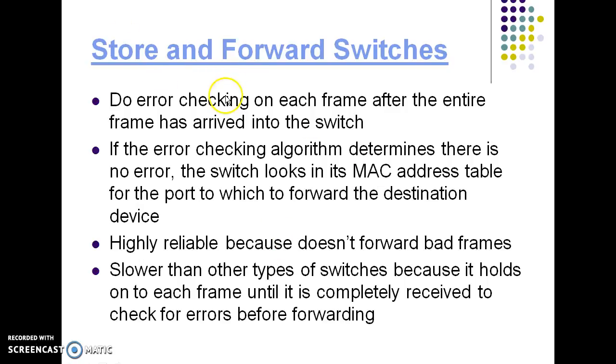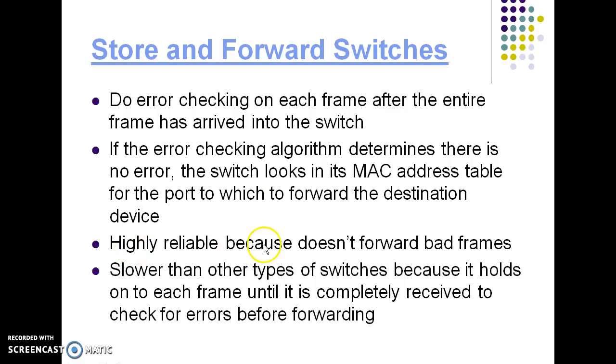They do error checking on each frame after the entire frame has arrived into the switch. If the error checking algorithm determines there is no error, the switch looks in its MAC address table for the port to which to forward the destination device.